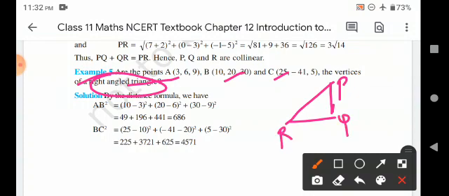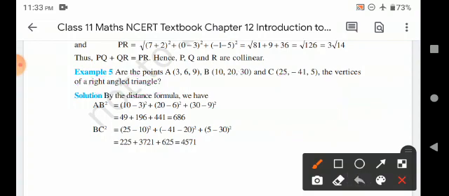We have to show that PQ square plus RQ square is equal to PR square if the angle at Q is 90 degrees. If the angle at P is 90 degrees, then you have to show that PR square plus PQ square is equal to QR square. By using this Pythagoras theorem, we can show that these are the vertices of a right angle triangle.